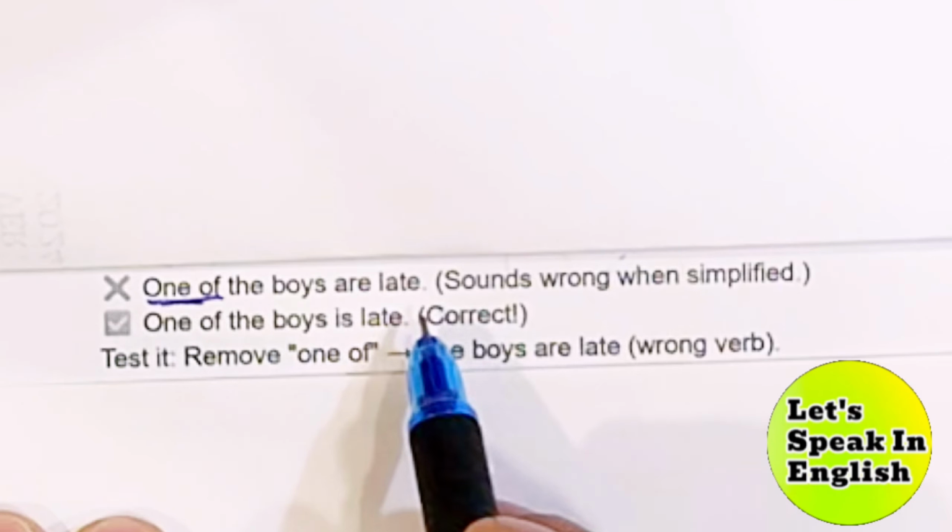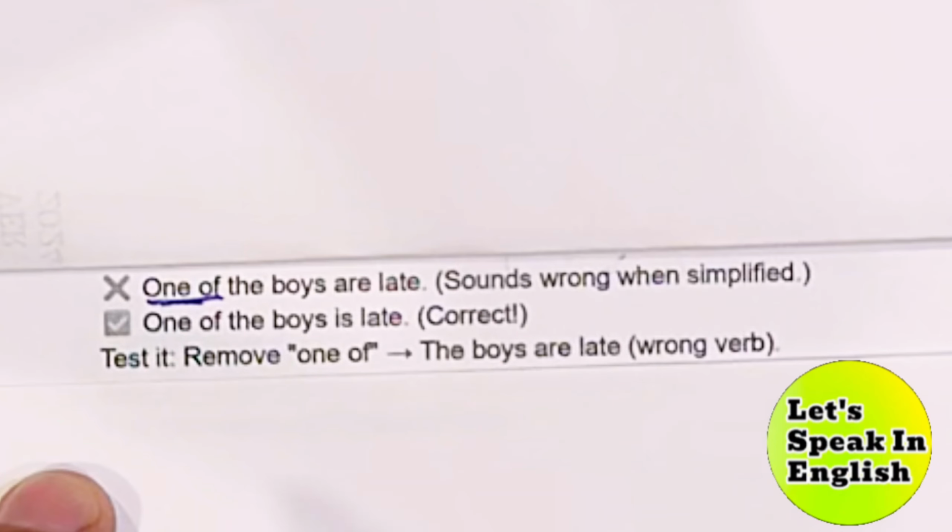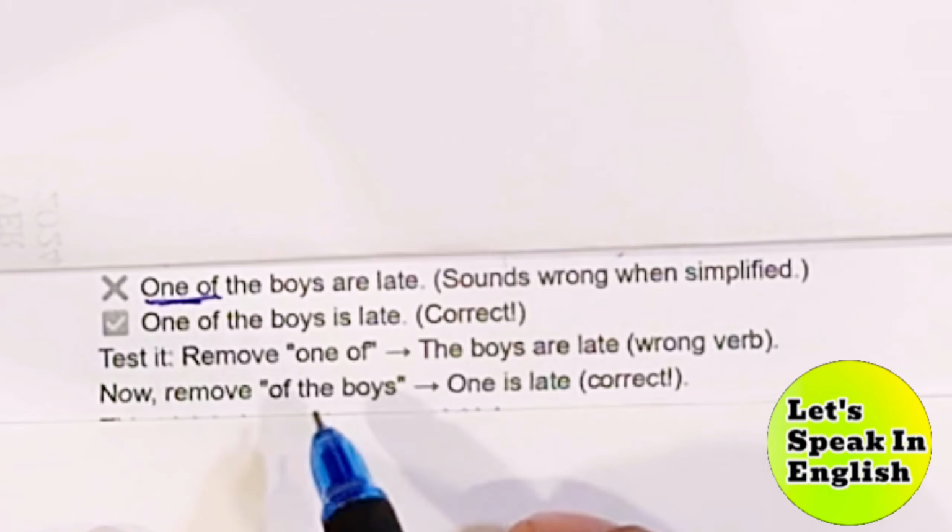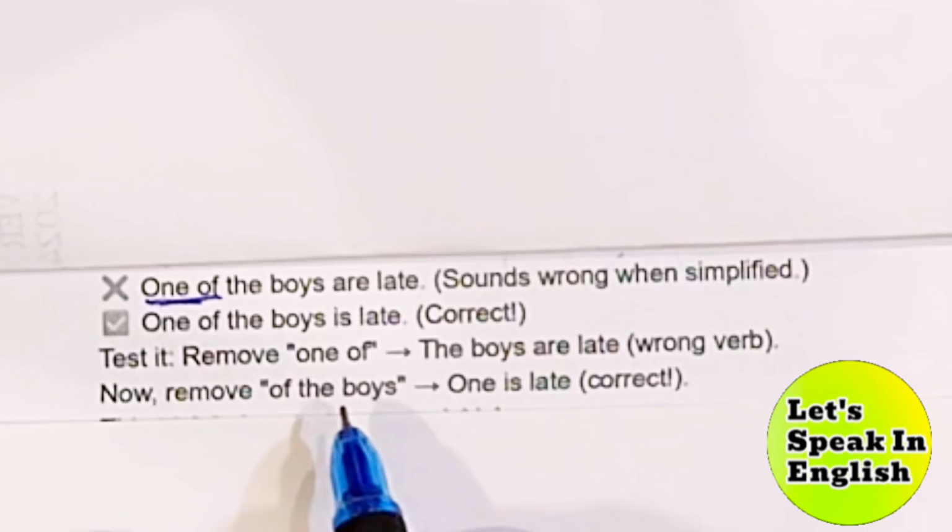When you're reading this now, after removing "one of", the sentence is correct. "The boys are late." But when we complete reading the whole sentence, that time it is wrong because the boy is only one. But now remove "of the boys".